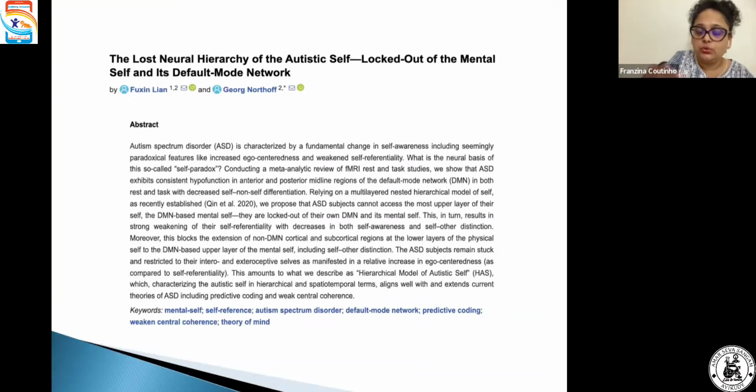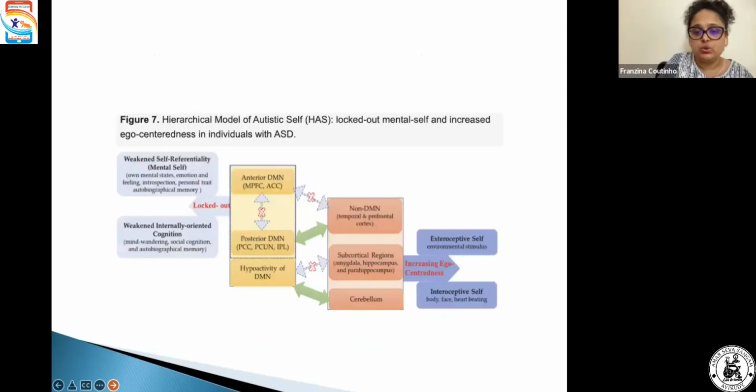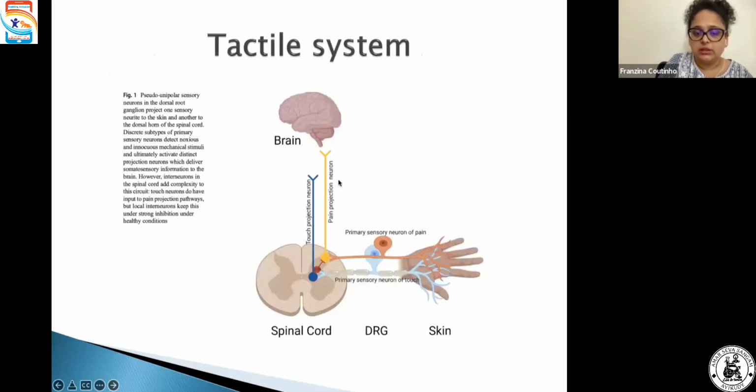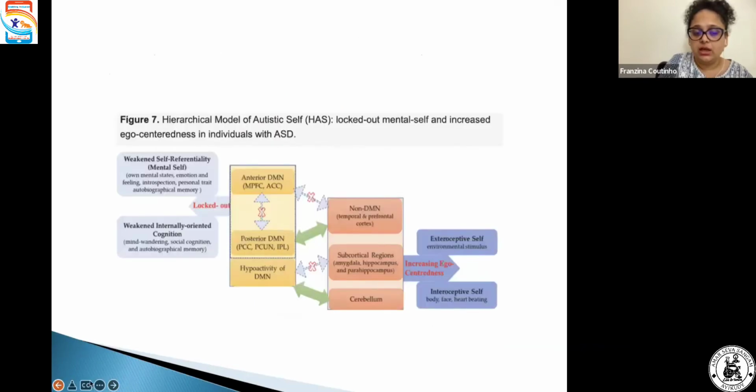They don't know how to break in and get into the DMN state because they're out of the DMN state because they're hyperfocusing so much. Because of that, as therapists, as physios and occupational therapists, you have to focus very hard on activating the system to make them more aware of the outside world.